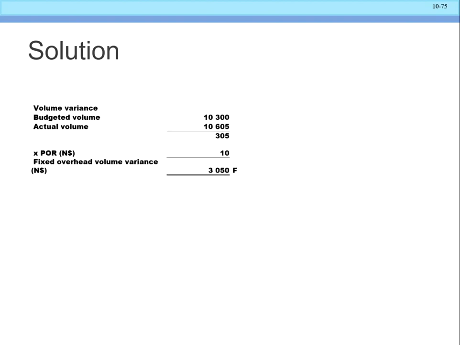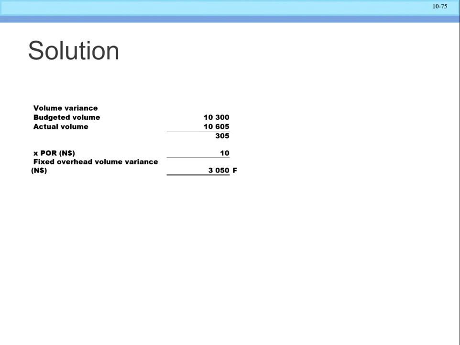Then the volume variance looks at the budgeted volume, 10,300, and the actual volume, 10,605. That gives us 305 units.